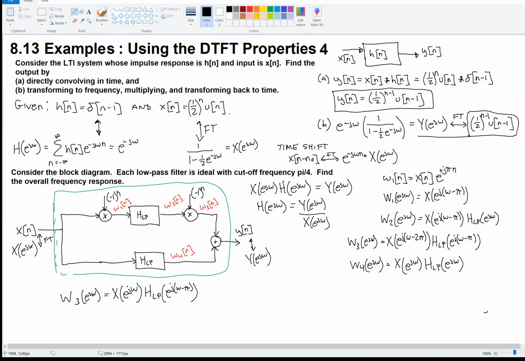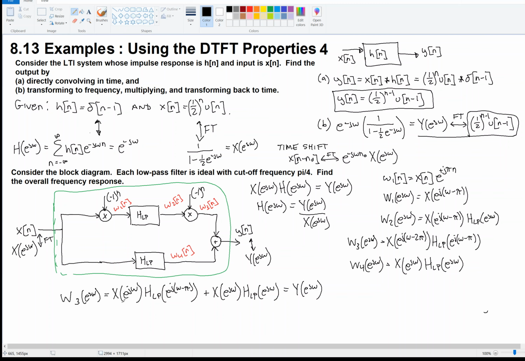That was W3, and then we add to that W4, which is here. And so that would give me the output spectrum.